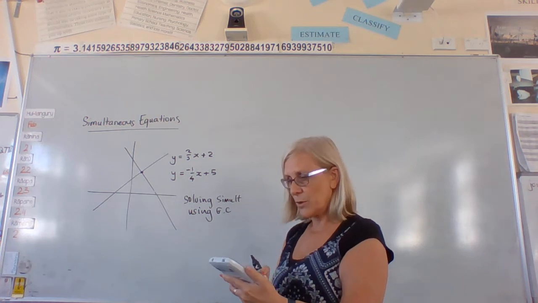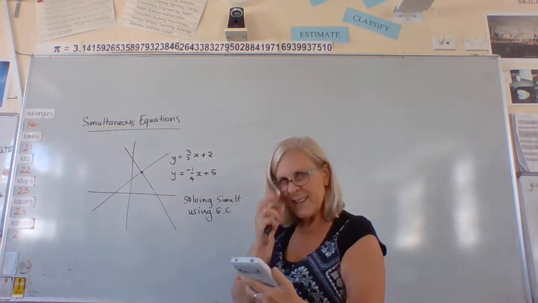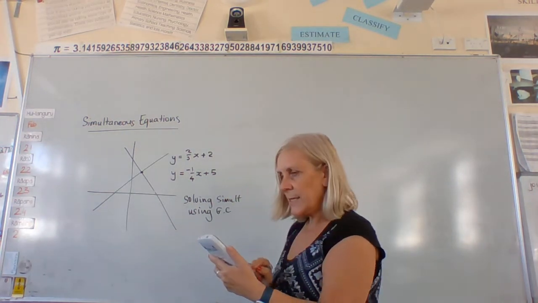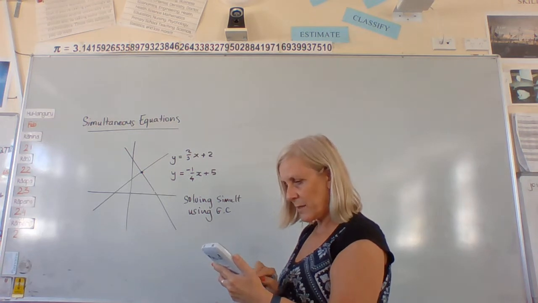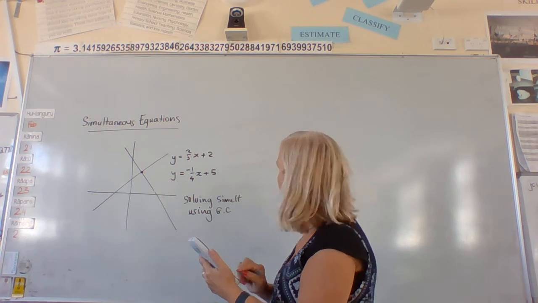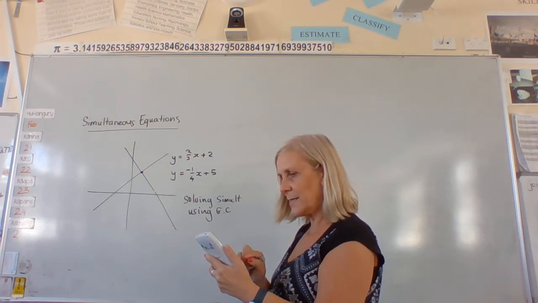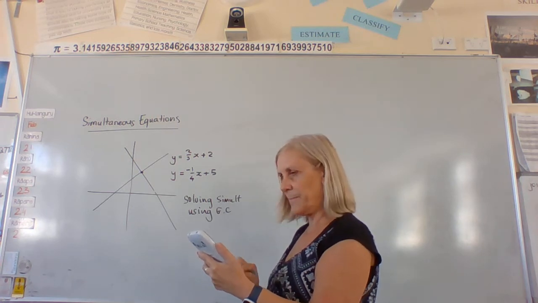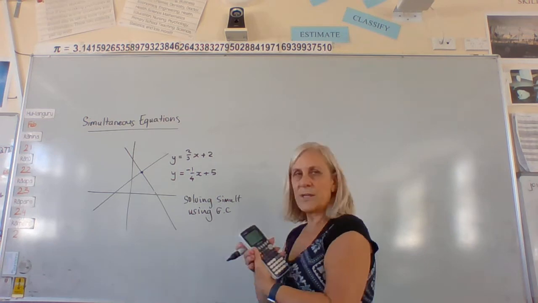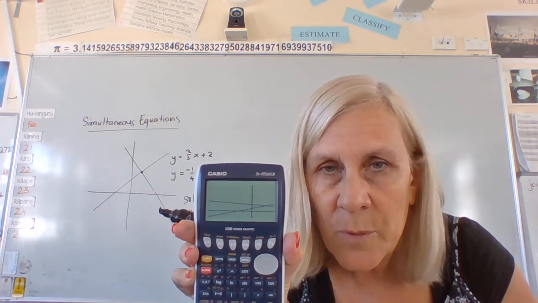So if you're doing it on your graphics calculator, you need to first of all go to graph mode, and put in these two equations. So y equals 2 fraction button 3x plus 2, and another one, negative 1 fraction button 4x plus 5. All right, then draw it. Once you've drawn it, you can see that on my picture it's a lot different from what I've drawn on the board, but that's okay.